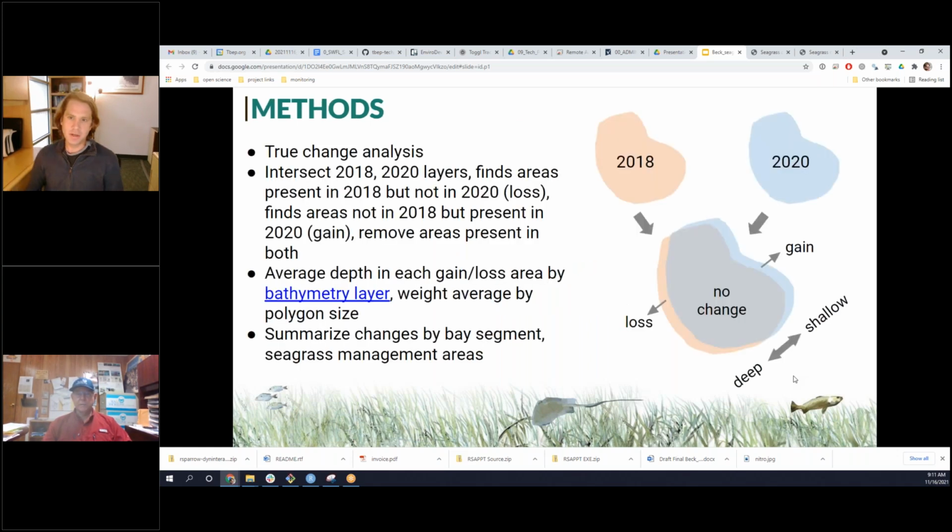So how did I do this? I basically did a true change analysis spatially. I know the district has done this analysis as well, but I thought it would be useful to try to reproduce this on my end.